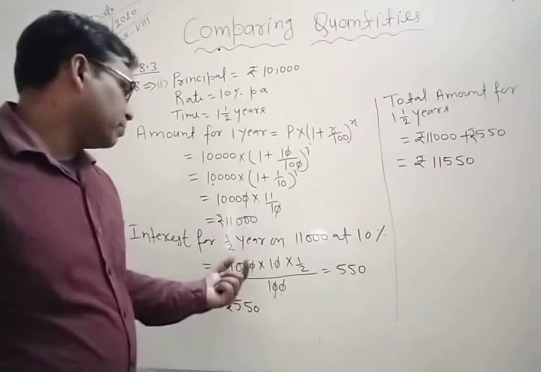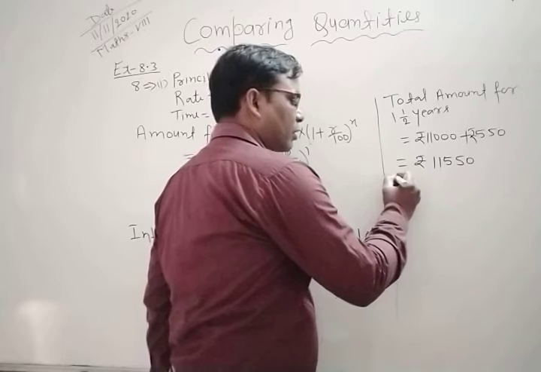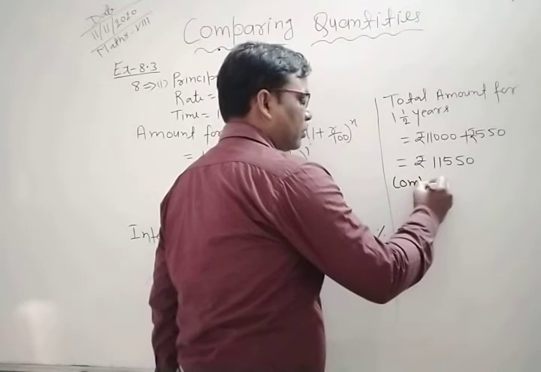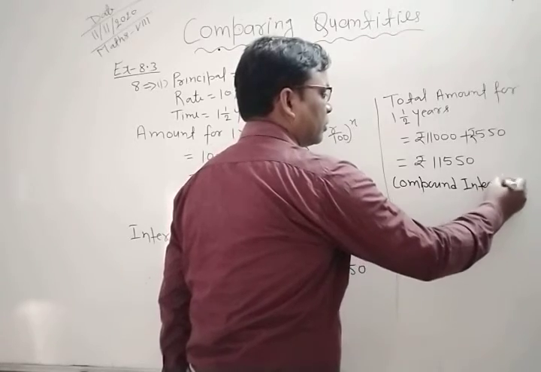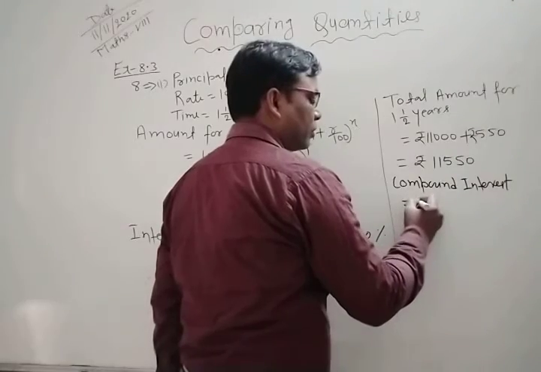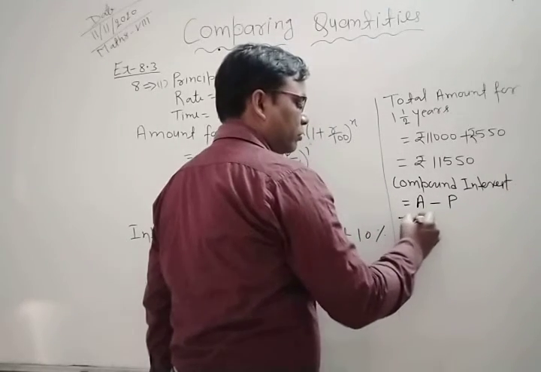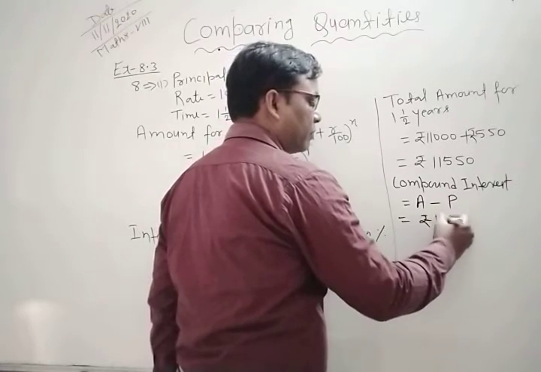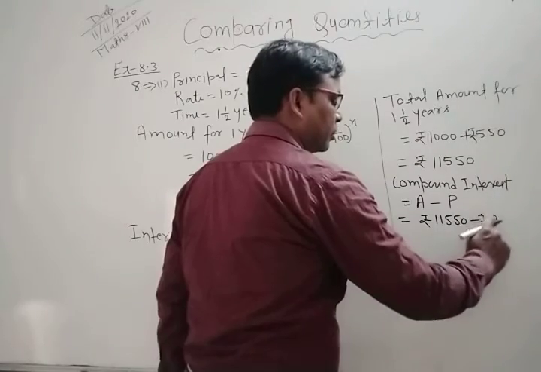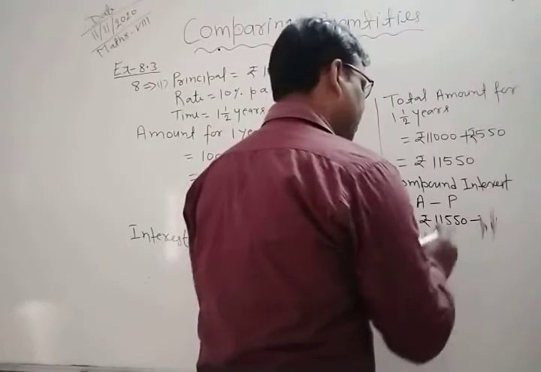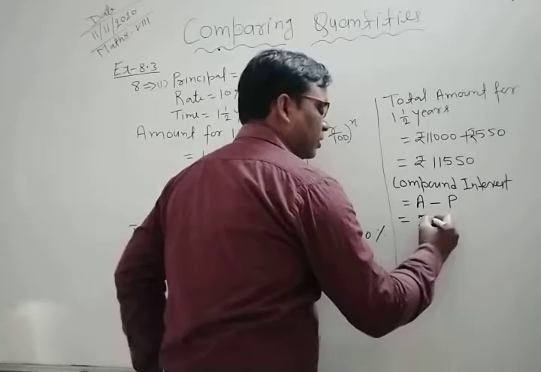But in the first case, now see the amount. So what is the compound interest? Compound interest is equal to amount minus principal. Total amount we found is 11,550, minus the principal.